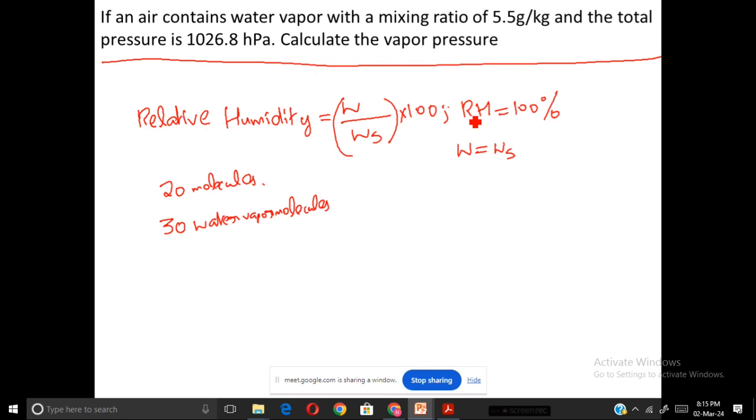So this is the condition of relative humidity being 100%, and the vapor pressure, the mixing ratio, and the saturation mixing ratio are important in the case of cloud formation, cloud droplets and all.